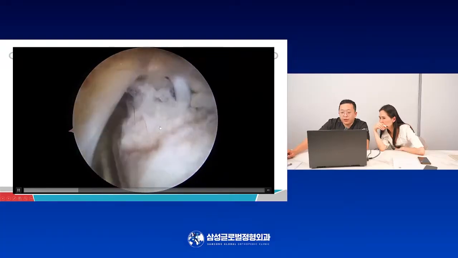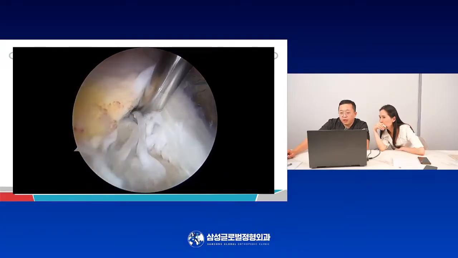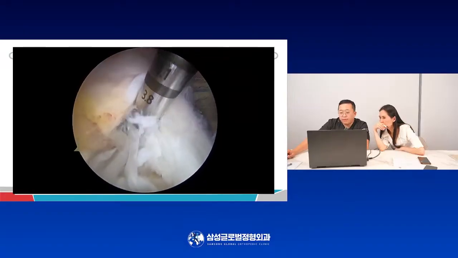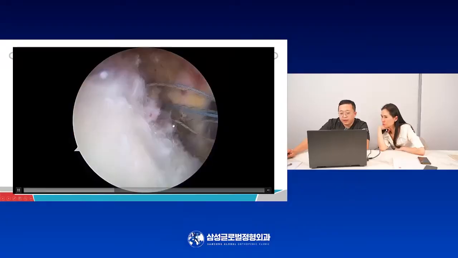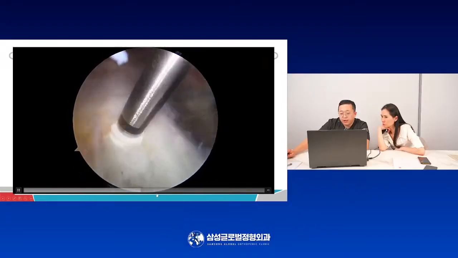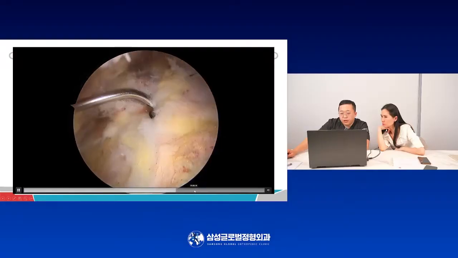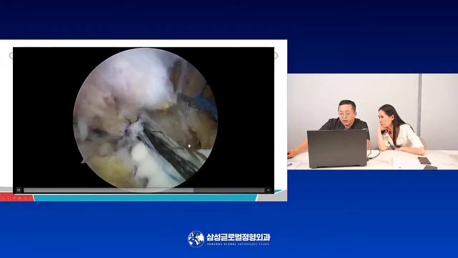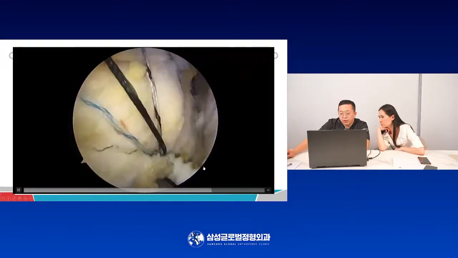We call that the decompression procedure, and bursectomy. We can reduce the inflammation. After that, we can fix the rotator cuff like that. In that way, we can fix the anchor to the greater tubercle, and we can pass the fiber wire through the inner side of the rotator cuff tendon.